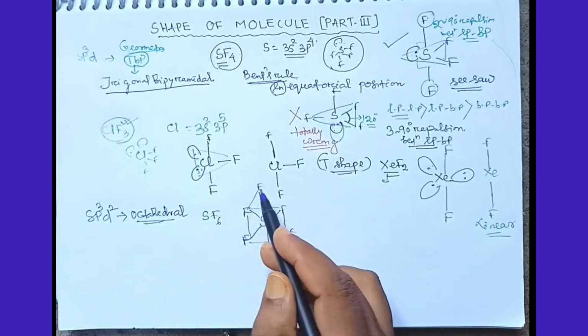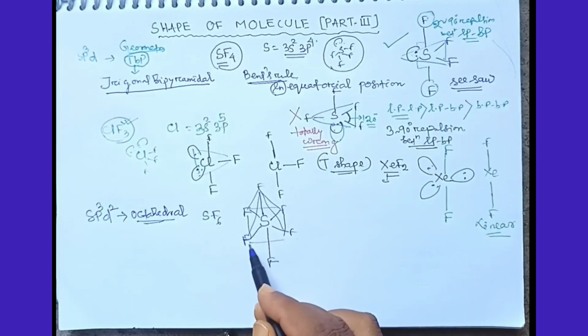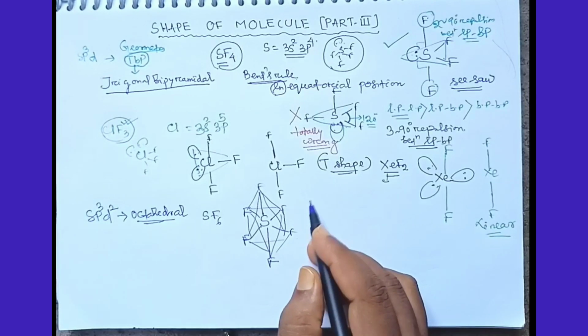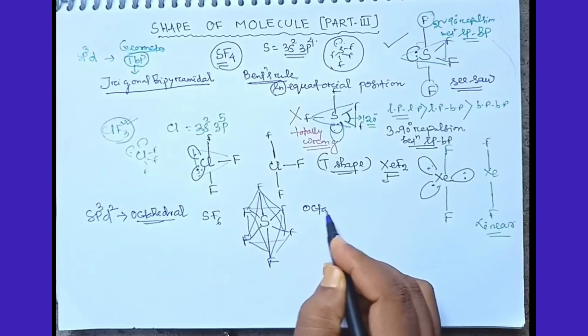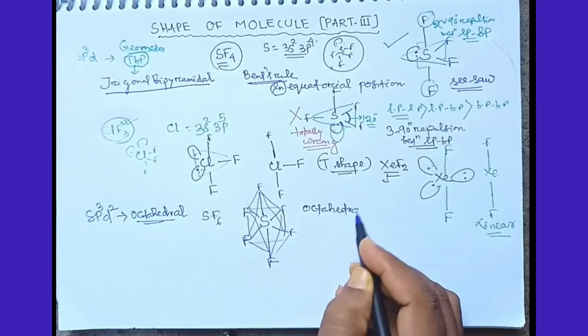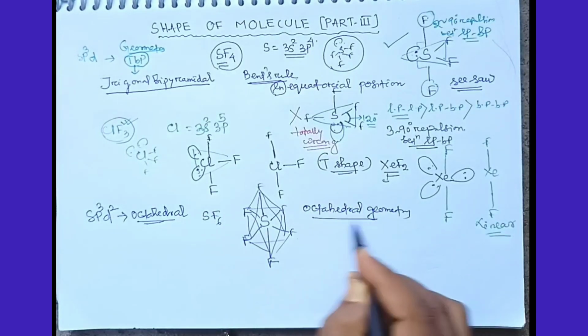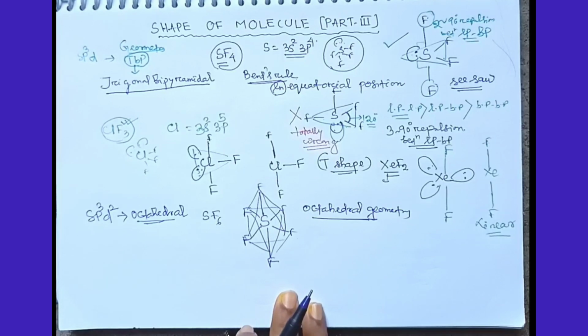So it looks like octahedral. So the geometry will be octahedral. This is called octahedral geometry in the case of the SF6 molecule.